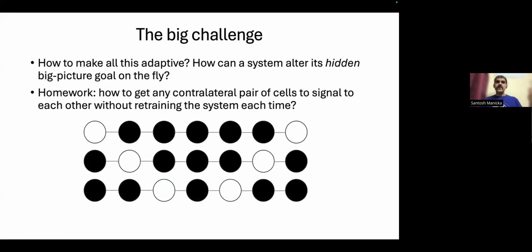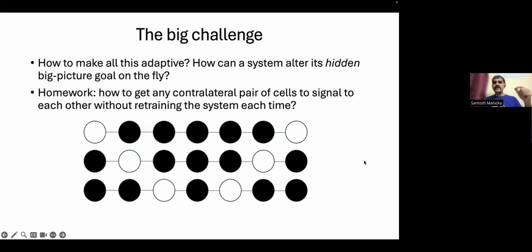So maybe as a homework problem for some of you who are interested in this sort of thing, go back to the pedagogical model that I talked about earlier, where we designed the system where we trained, this is a model where the cells at the end of the chain can stimulate each other. But do you think it's possible to design just one system, one model, where you can get any contralateral pair of cells to signal to each other, but not others?